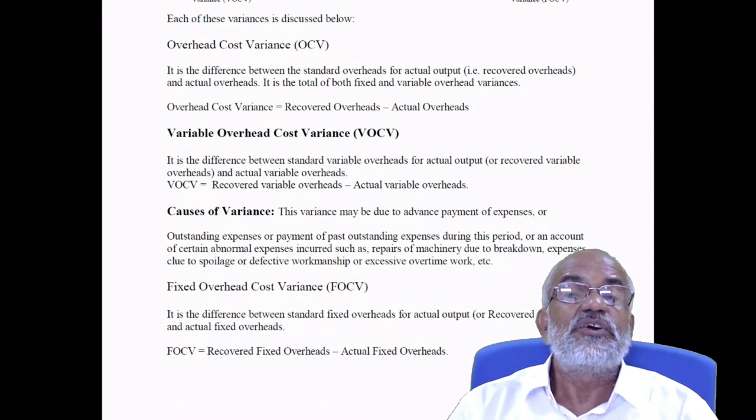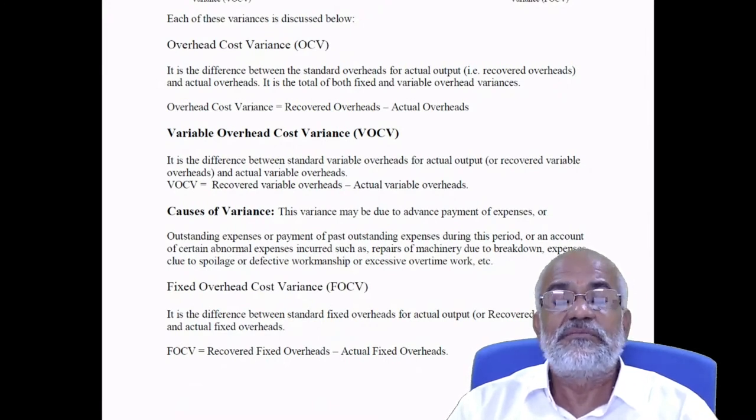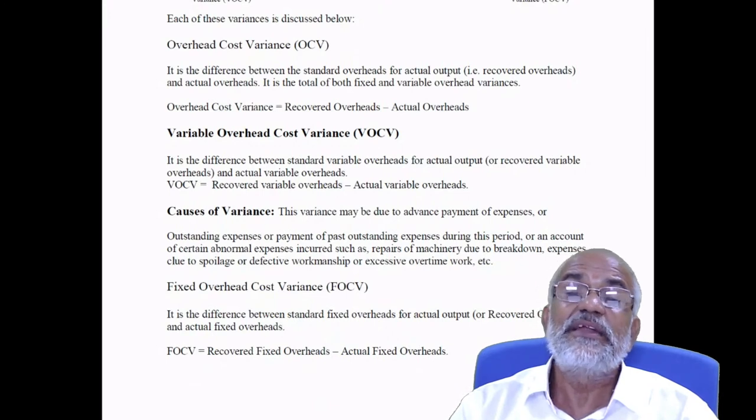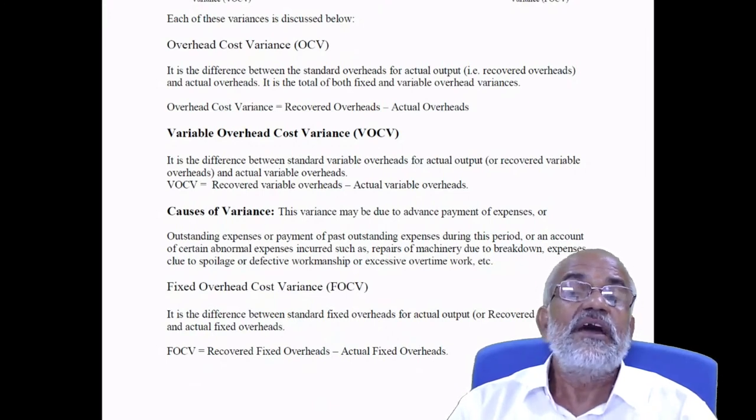The causes of this variance may be the advance payment of expenses, outstanding expenses, or payment of past outstanding expenses during the particular period, or certain normal expenses incurred, such as repairs of machinery due to breakdown, expenses due to spoilage, defective workmanship, or excessive overtime work.